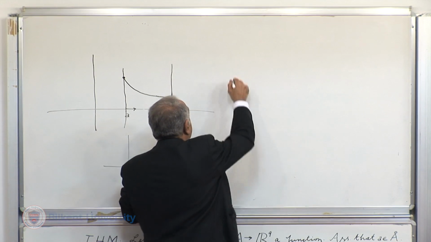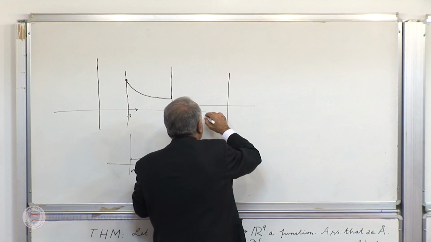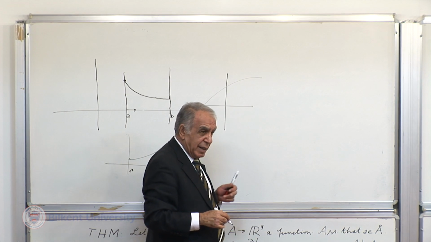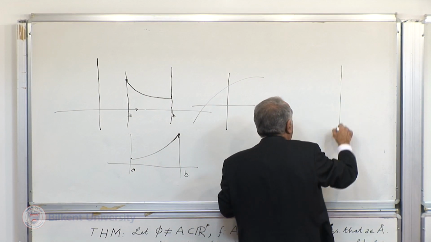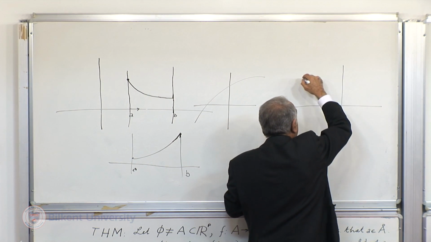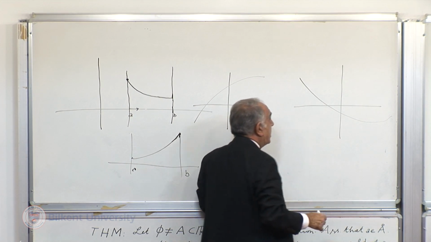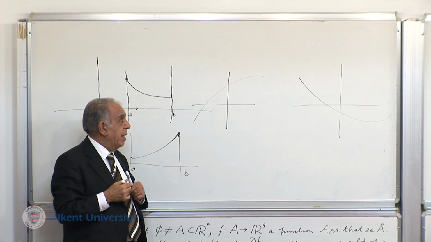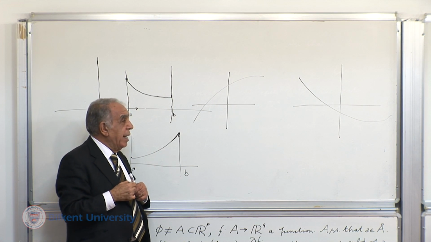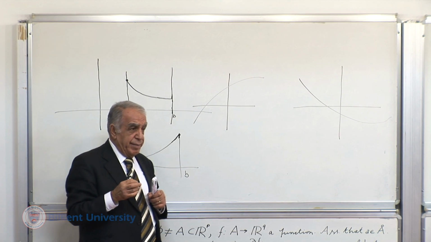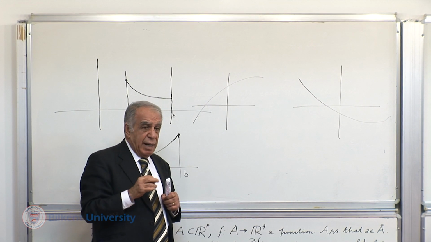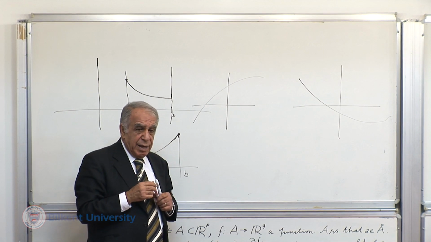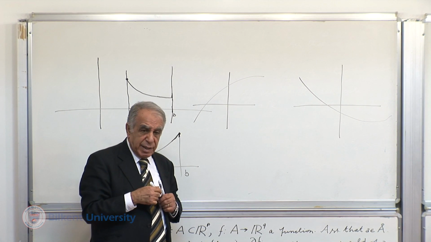Here, this is a typically concave function on R to R, and this is a typically convex function. Now we will consider, for concave as well as the dual convex functions, 5 different characterizations.